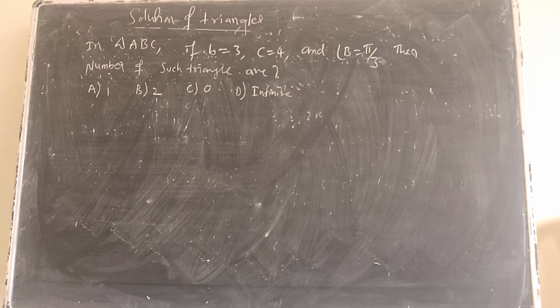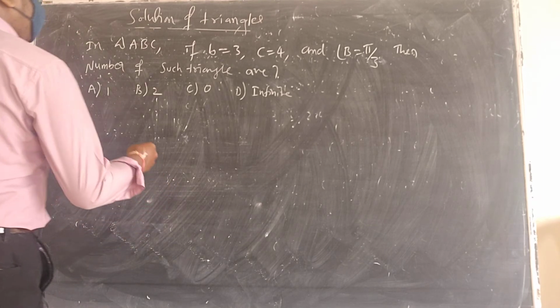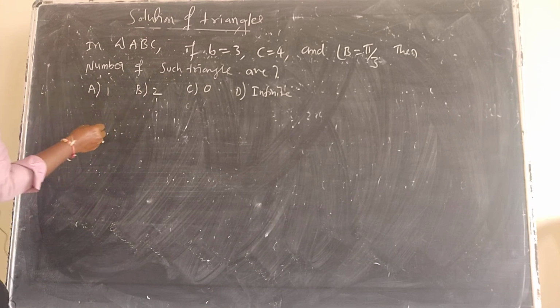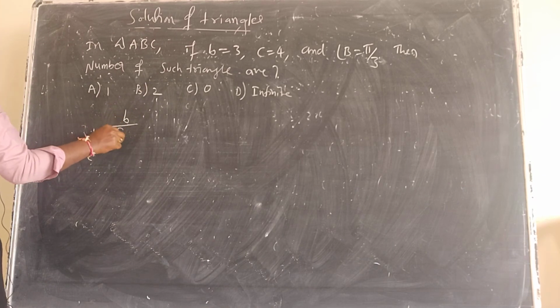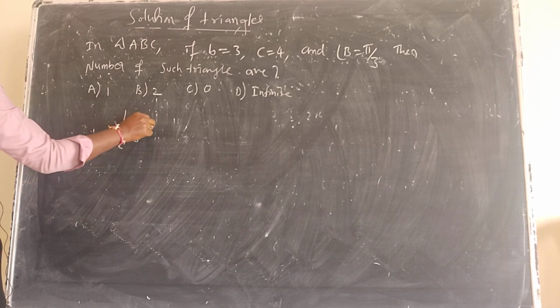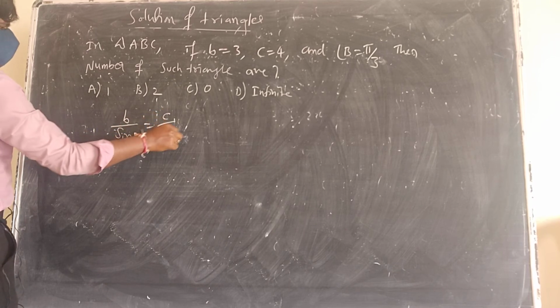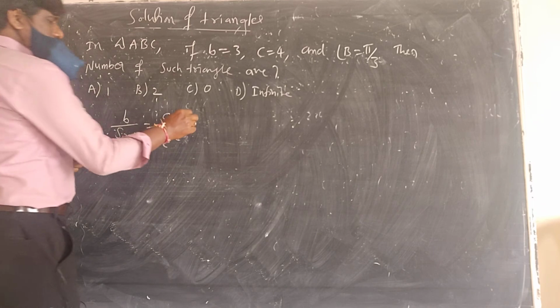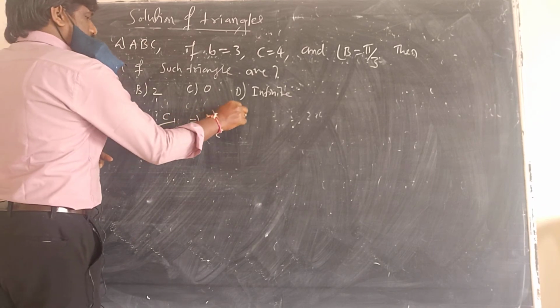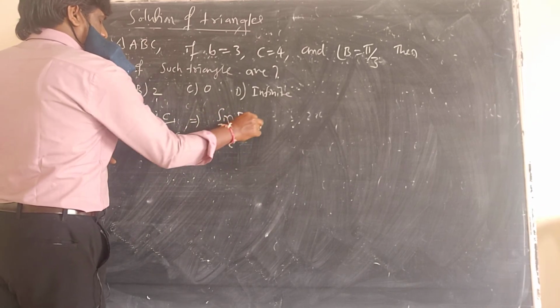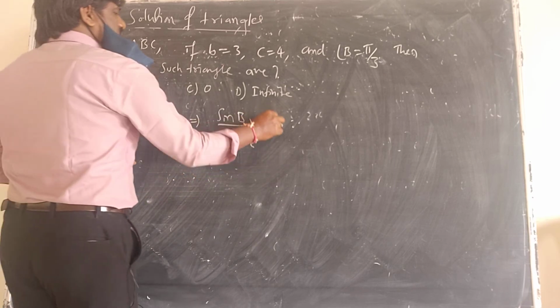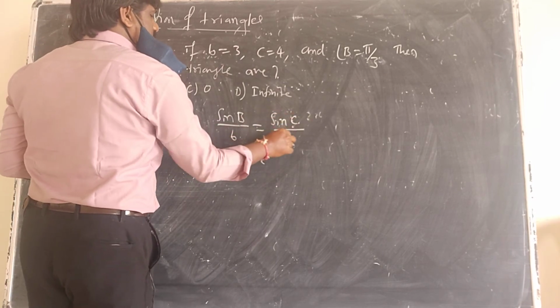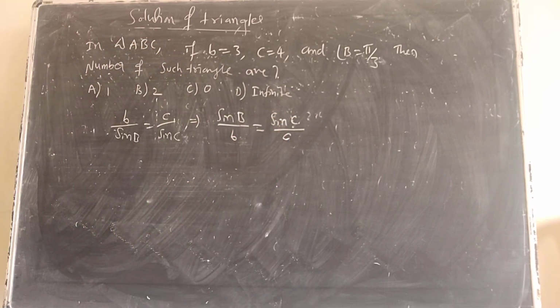I will explain. Here you know that b by sine B is equal to c by sine C, correct? I will use it in reverse: sine B by b is equal to sine C by c. Both are okay.